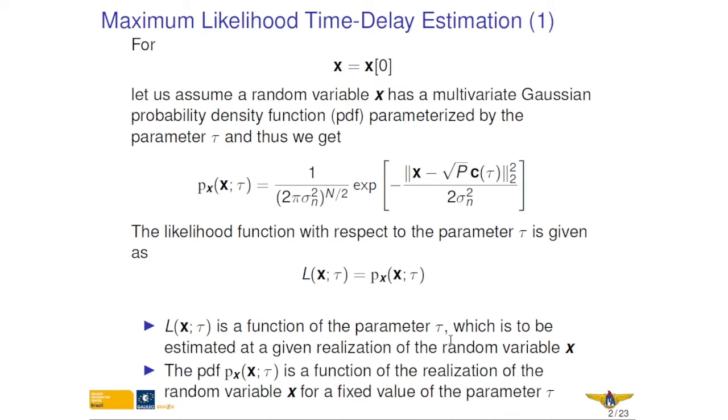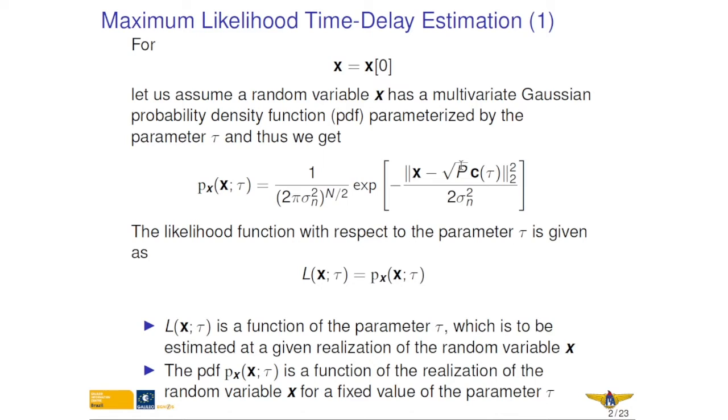So these are the same things, the same formulation, but different ways to look at the same thing, because for the likelihood you have a realization of the random variable, and you're looking for the parameter tau.